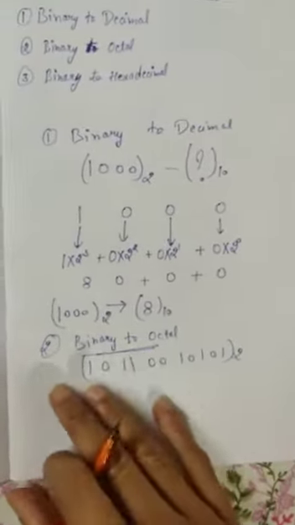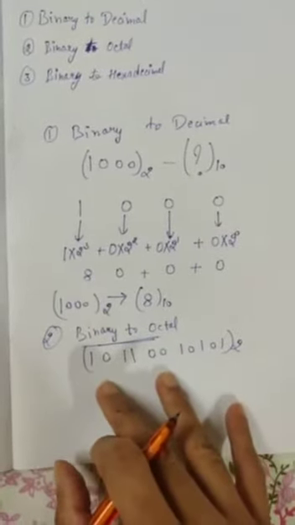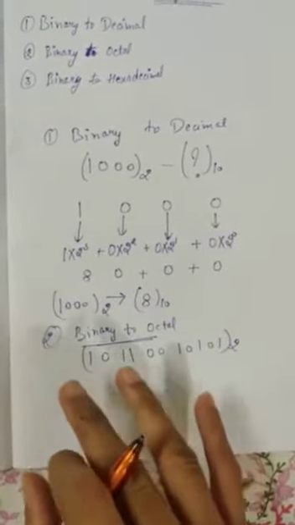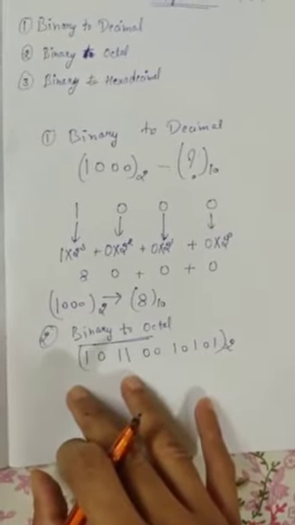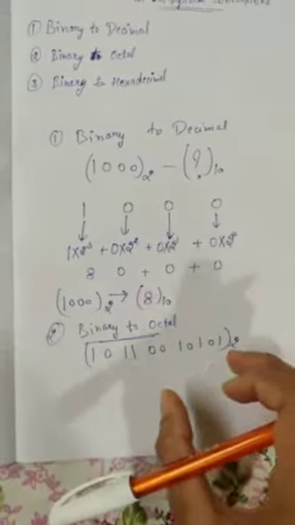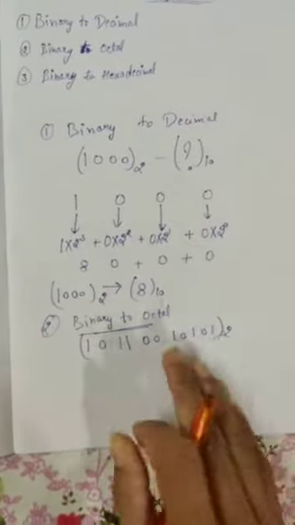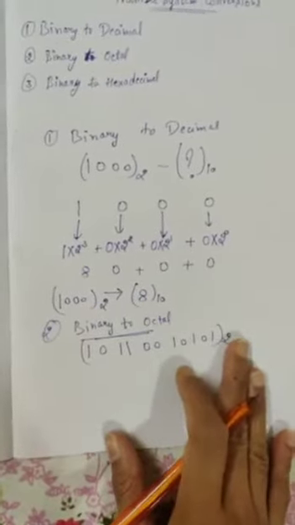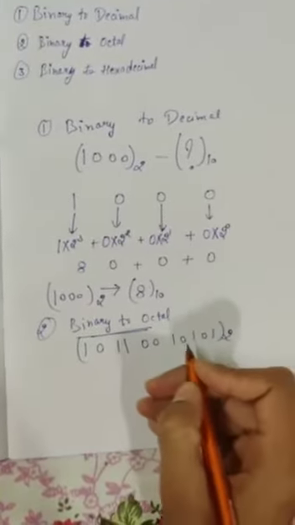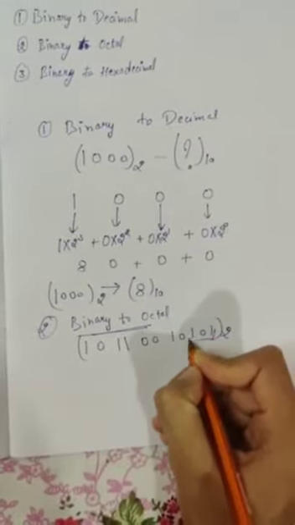When we convert binary to octal, we divide the bits into groups of 3. As we discussed in the previous lecture, in octal we use a 3-bit code, and in hexa we use a 4-bit code. Here we start from right to left, pairing 3-bit codes.